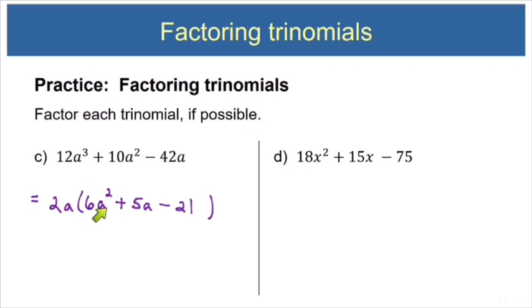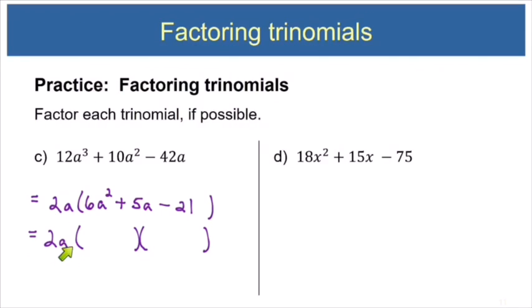Also notice that now a is no longer common to all three terms, and nothing besides 1 goes into 6 and 5 and 21. So now we've removed the GCF. Now don't lose it. It does need to stay here, but it's just out of the way. So now we're going to break this trinomial down into the two binomials that produce this. And keep the 2a as part of your answer.